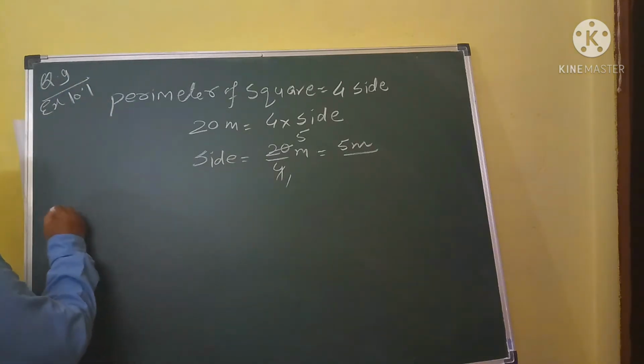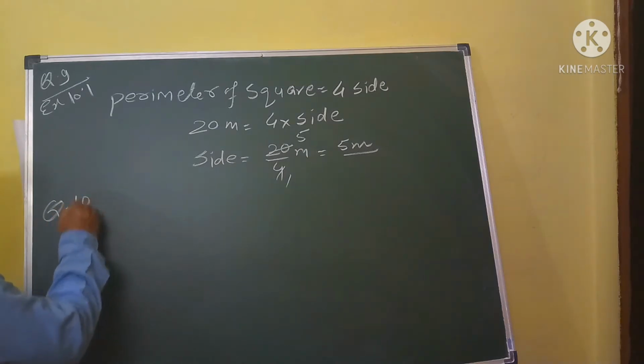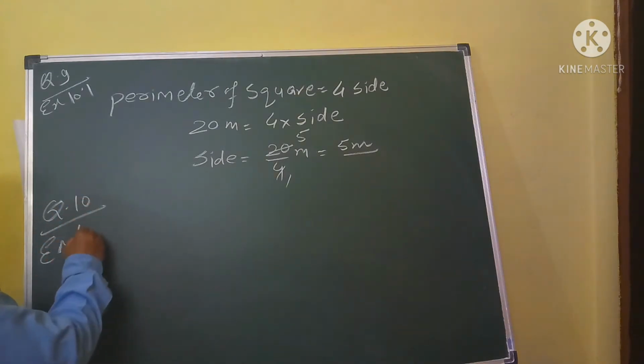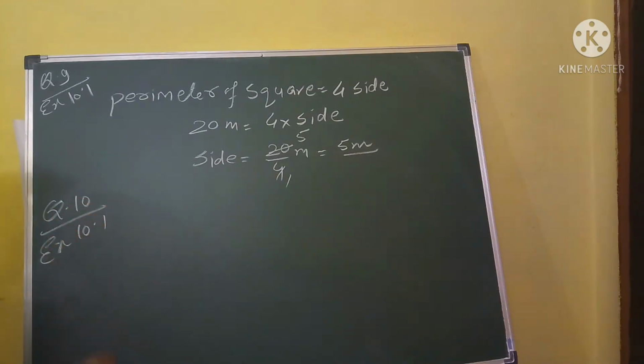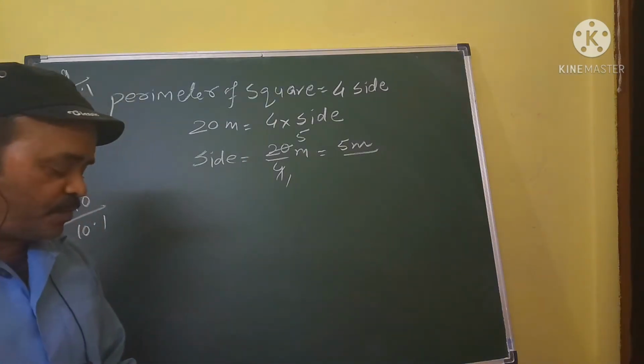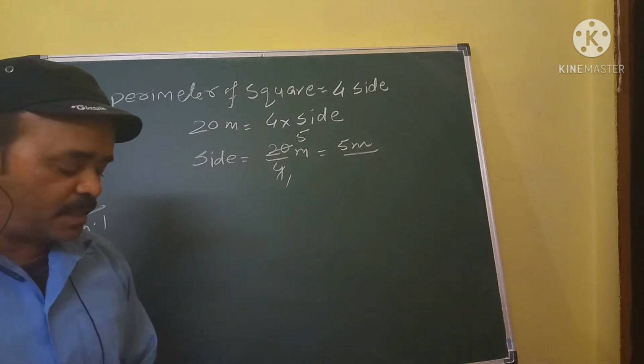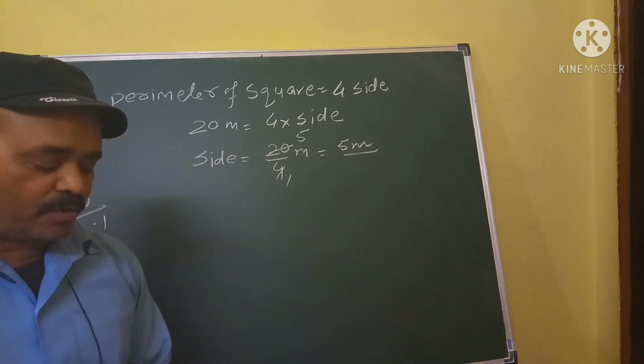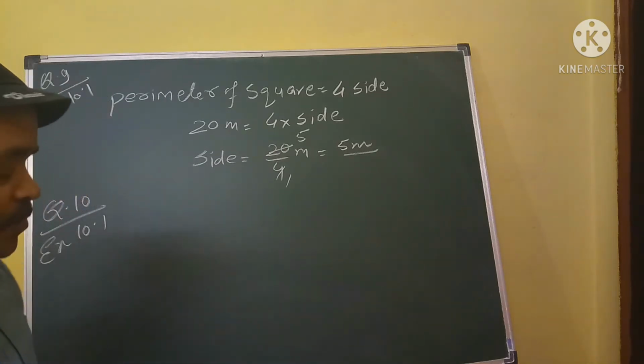This is question number 10 from exercise 10.1. My dear student, your question is, the perimeter of a regular pentagon is 100 centimeter. How long is each side?